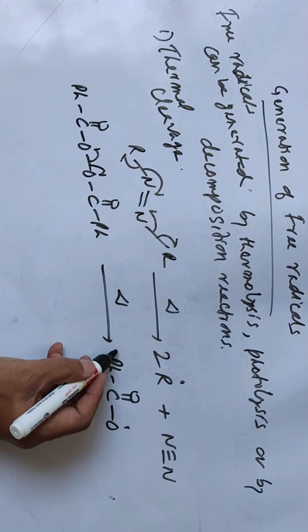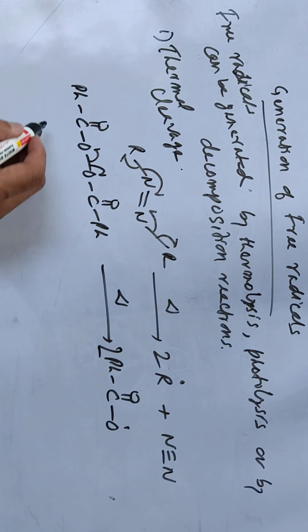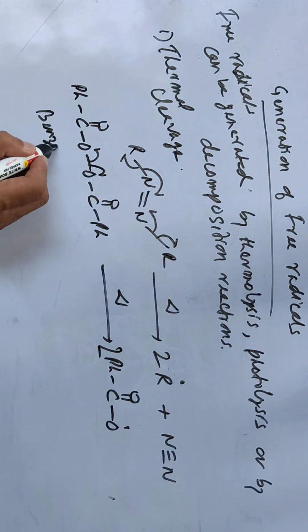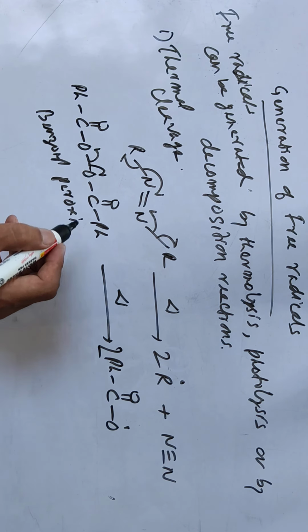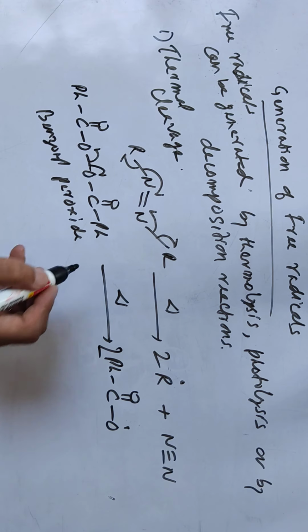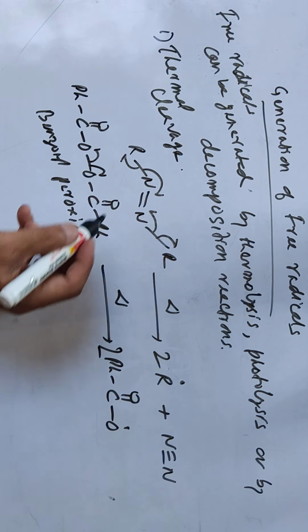We get two. This is benzoyl peroxide. Benzoyl peroxide can undergo thermal cleavage on heating at high temperatures to give this radical, the benzoyl radical.